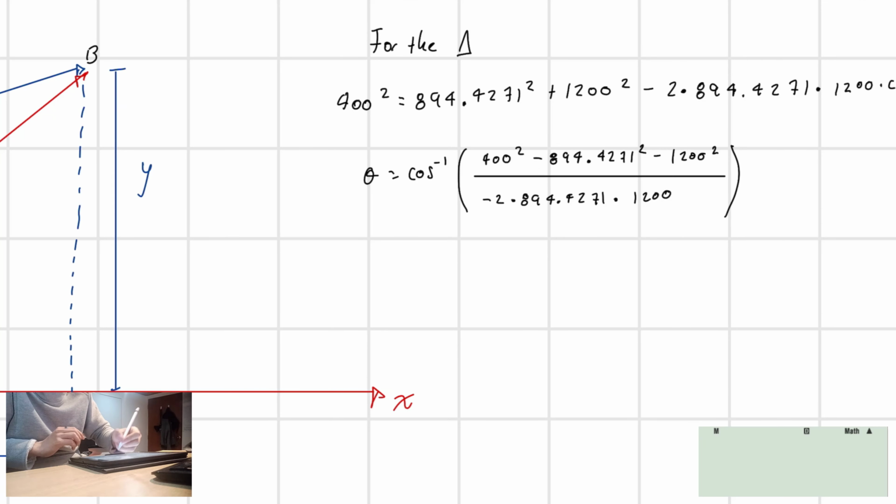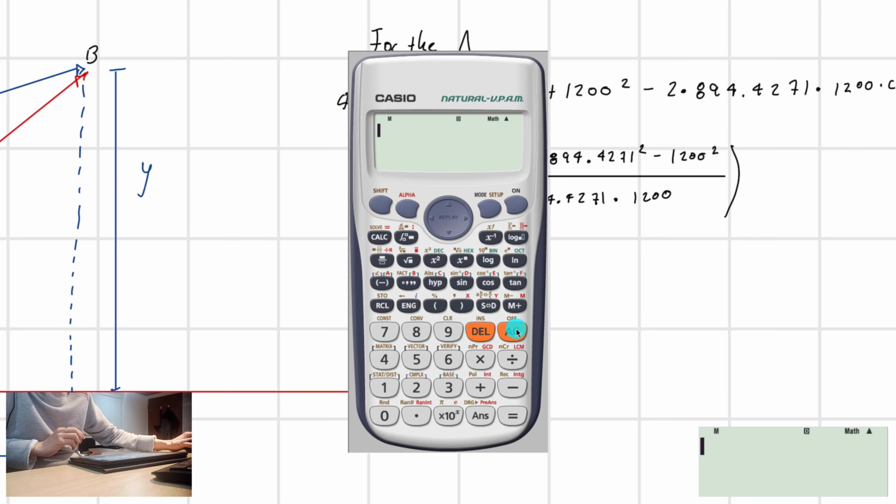Now within the calculator I'm going to write down that, so the cosine to the -1 power. Always make sure that you are using degrees. Not always, but in this case we need degrees, not radians.